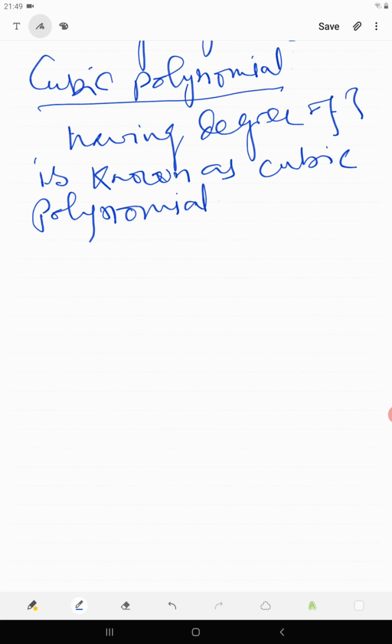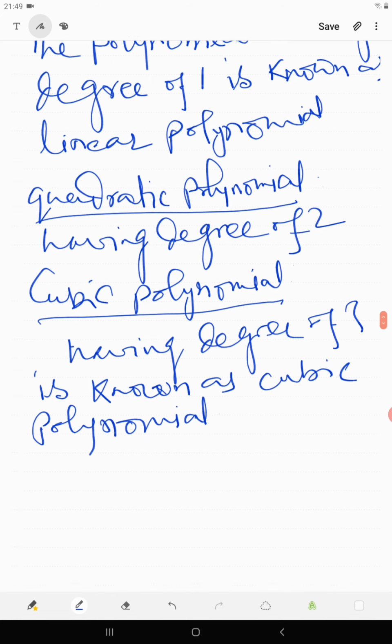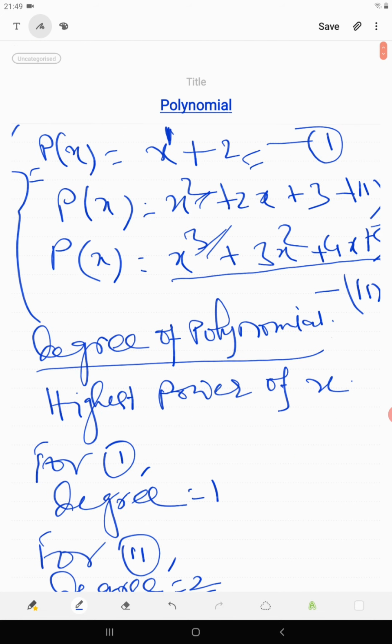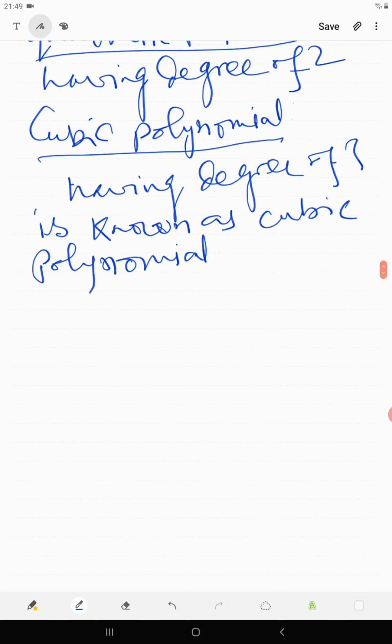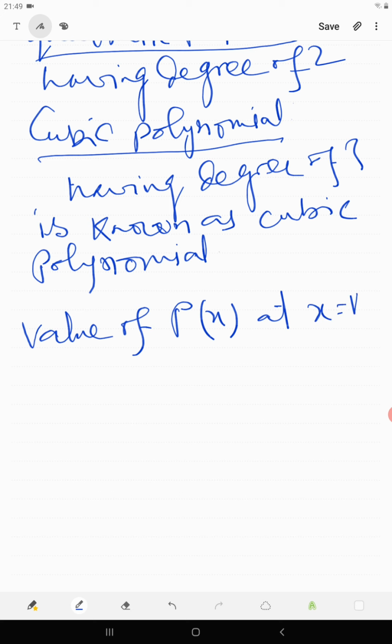The next thing I want to tell you is, this is done. So the next thing we are going to learn is, what is the value of px at x equals k, suppose, where k is any integer.